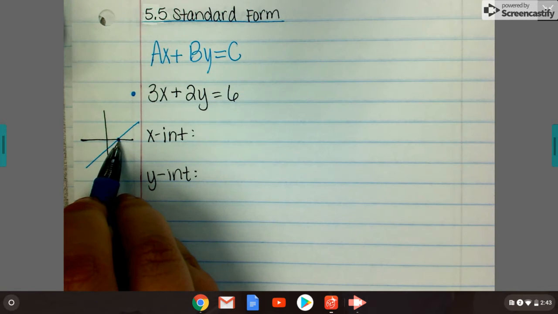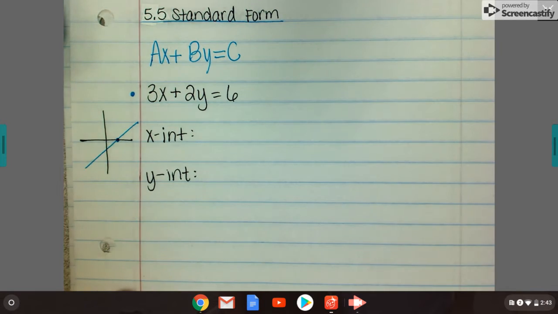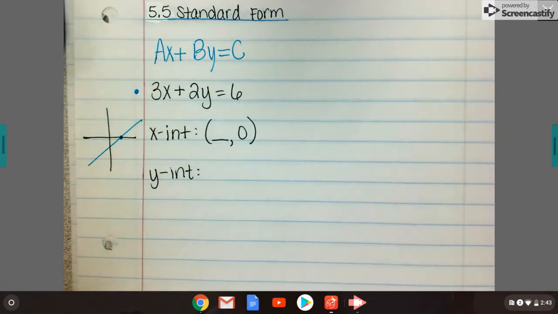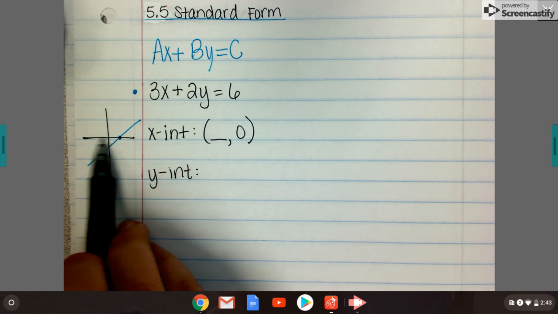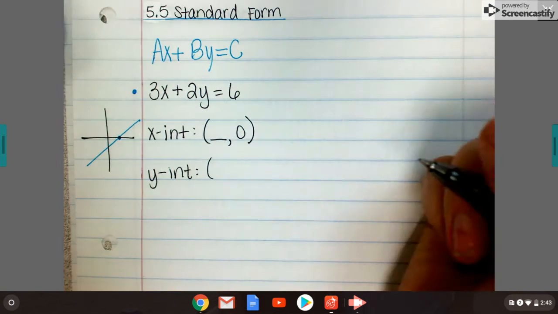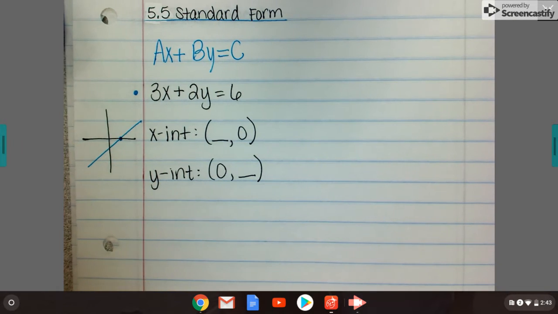I want you to notice it goes left and right, but up and down none at all. So it'll have a number for the x value and a 0 for the y. The y-intercept similarly went up and down but left and right none at all, so it has a 0 for the x and only a number for the y.